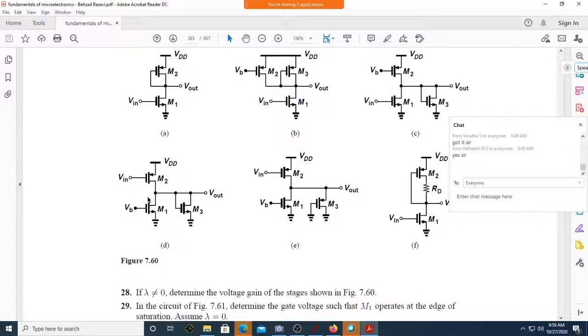Can we know what is the expression for this? It is minus GM2 into R naught 2 parallel with R naught 1, parallel with 1 by GM3, parallel with R naught 3.